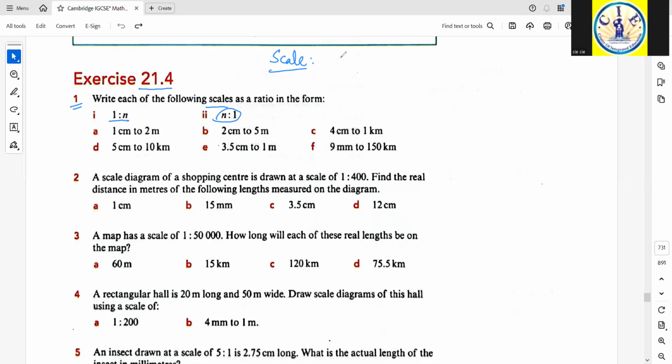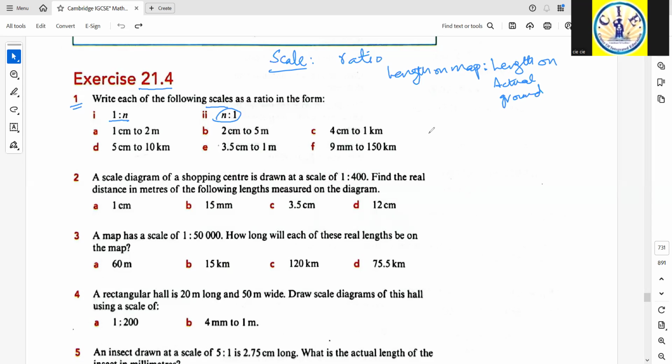A scale is a ratio. Ratio normally is the length on map to the length on actual ground.